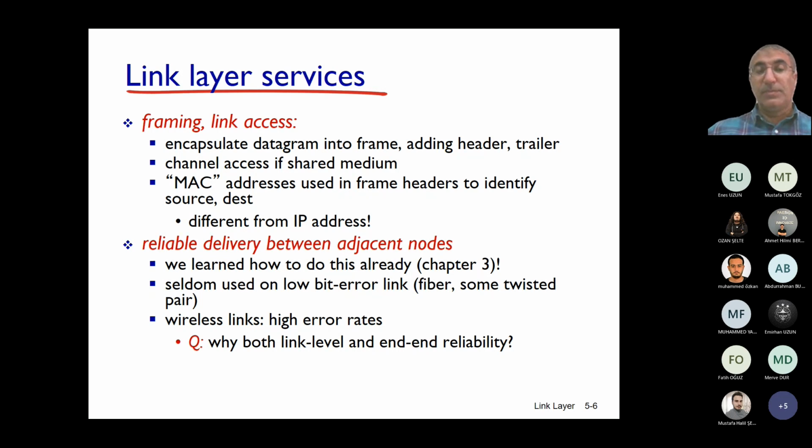And then there is a new kind of addressing at this layer, which is called MAC addresses. These MAC addresses are used in frame headers so that we can identify the source and destination node. Note that this MAC address is of course different from the IP address at the network layer. We will talk about these MAC addresses later on.